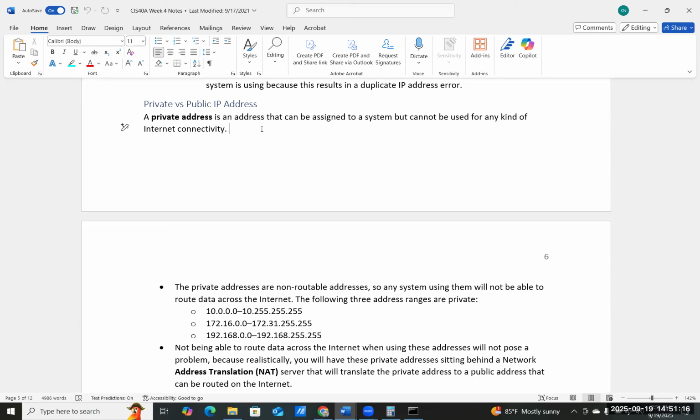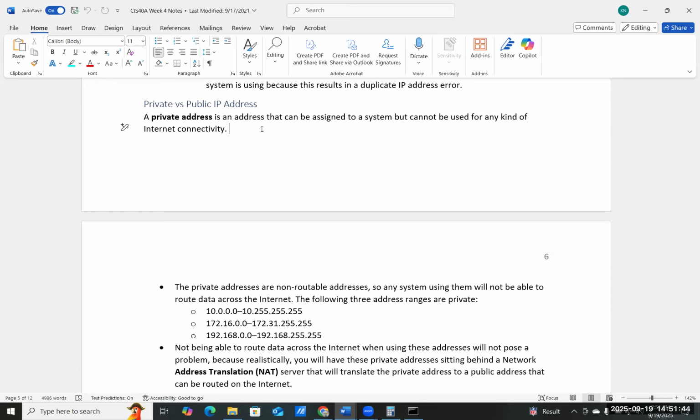You only have one public IP for your home system, for that router. So when you subscribe to a service, they give you one public IP, and your router takes all the traffic from inside your home network and converts that and sends that out. The router is identified with that one public IP.